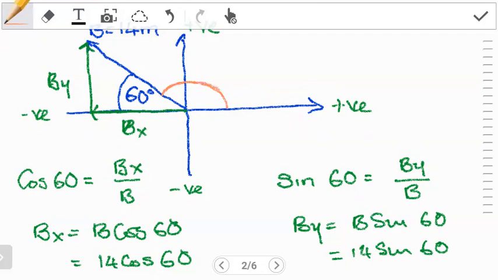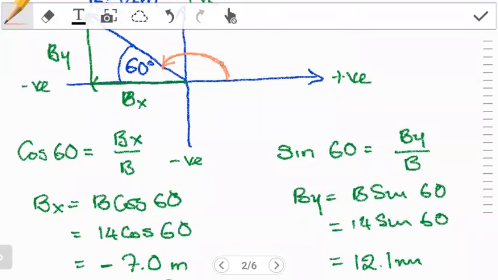So we have to measure this angle from that positive x. If we decide to use this method, regardless of what you're dealing with, to get the x component, we are always going to stick with cos. And then to get the y component, we are always going to stick with sine. That is if we are measuring the angle from the positive x-axis anti-clockwise. That is very, very important.